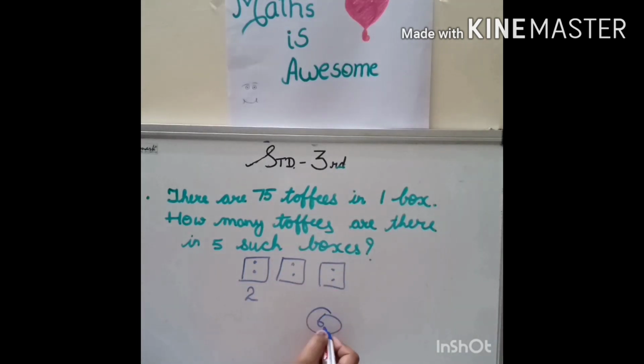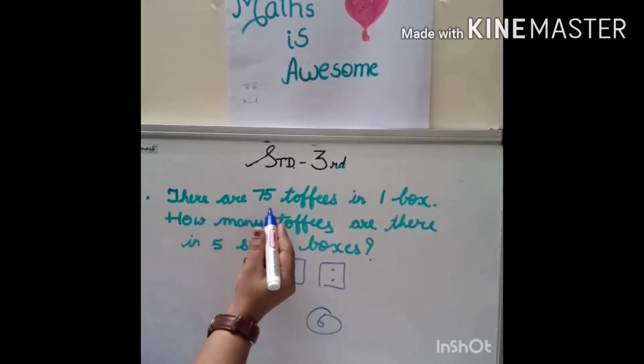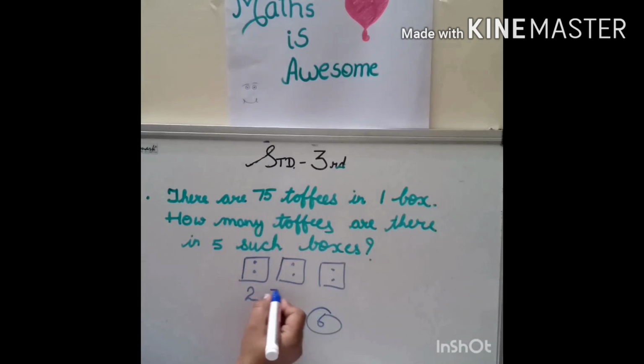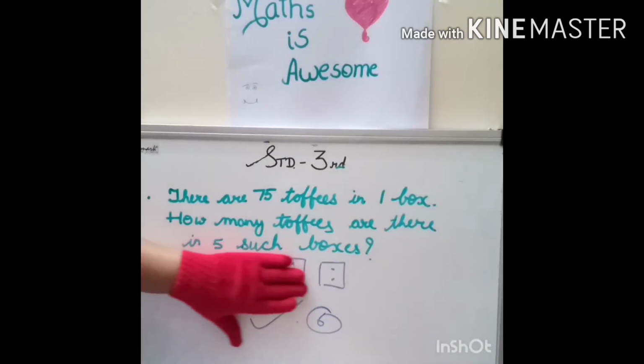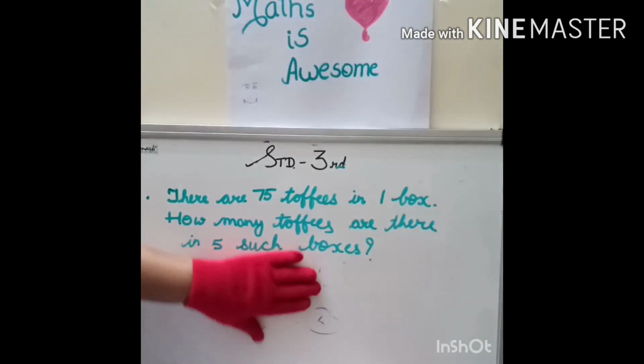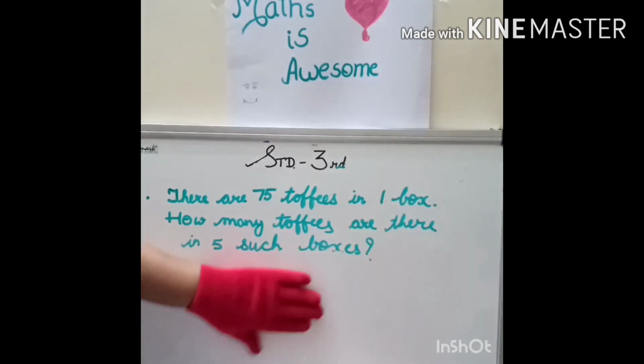So you know the answer children, and which 2 numbers you have taken, that is 2 and 3. Now just think how you found the answer 6. 2 plus 3 is 5, which is wrong. 3 minus 2 is 1, which is wrong. 2 multiplied by 3 is 6. Yes, so that means this is the question of multiplication. In this way, children, you can think whether the question relates to plus, minus or multiply.